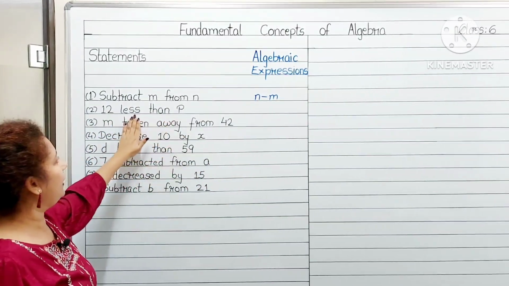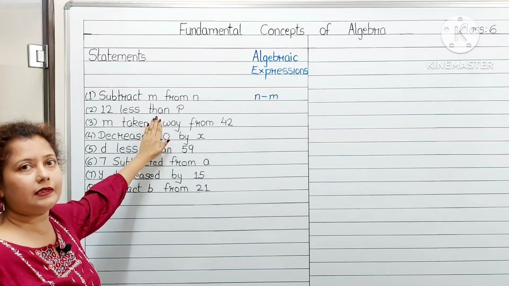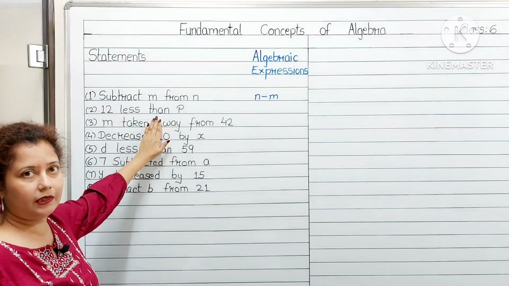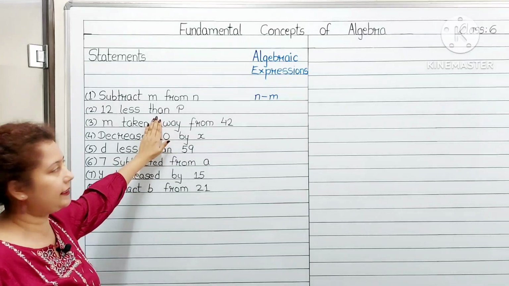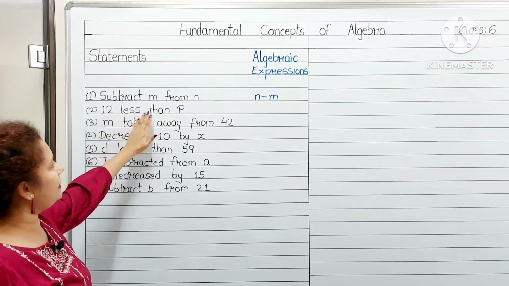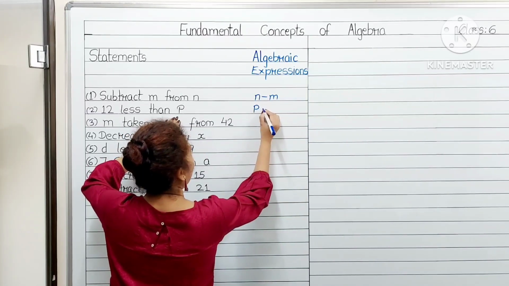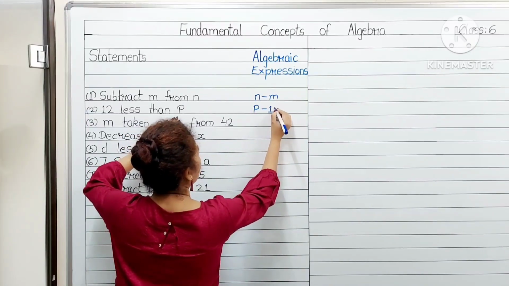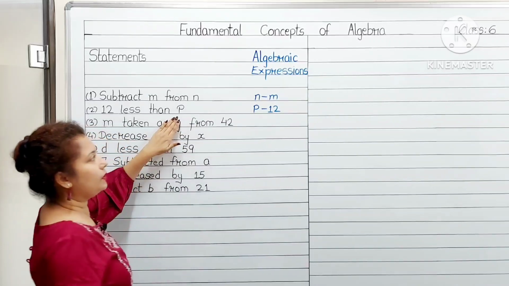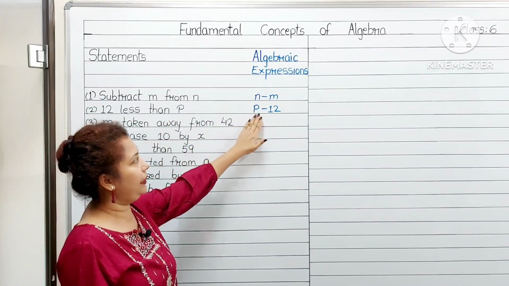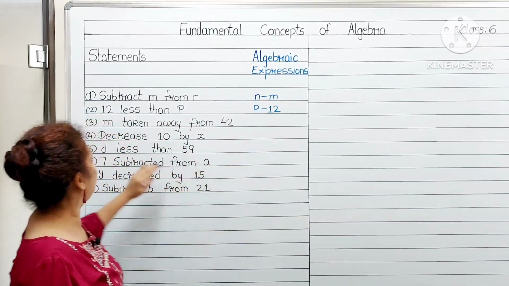So here the word less than is there, that means we have to do subtraction. That means we will use the minus sign. 12 less than p. So here first we will write p and we will subtract 12 from it. So the expression will be p minus 12.